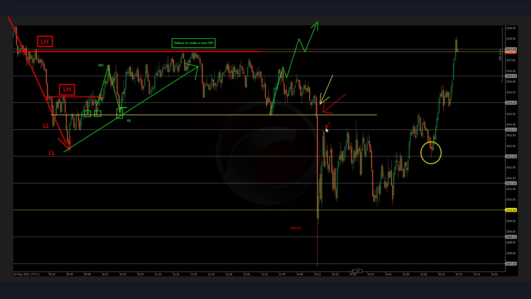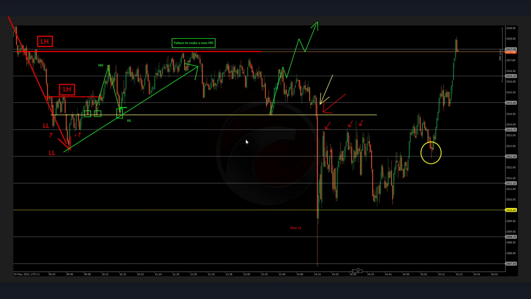but we are seeing one, two, three rejections at this previous PPL. It was actually again a rejection point, and these higher lows were not at any PPL or relevant PSA.